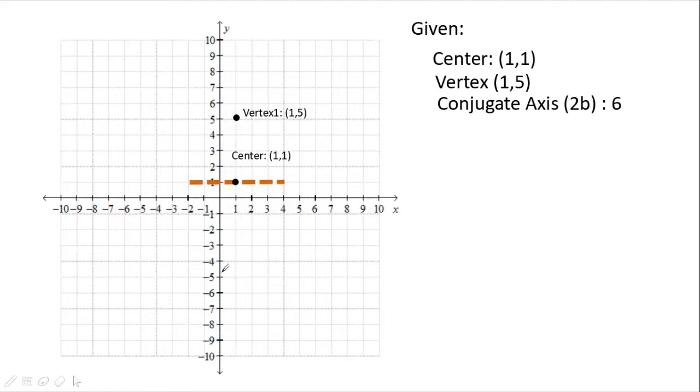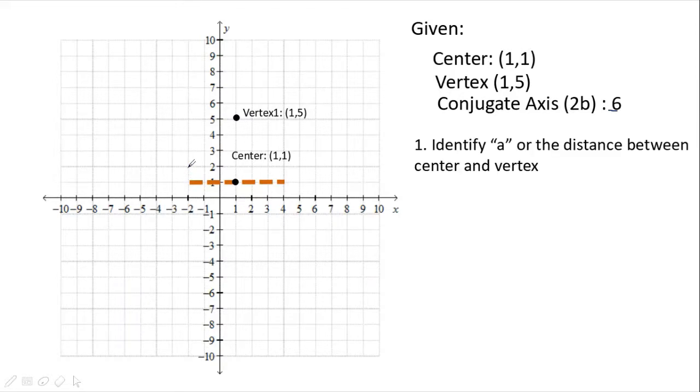Meaning, this is the distance from covertex 1 to covertex 2. This is covertex 1 and this is covertex 2. This is our first vertex. Later on, we will find the second vertex. Again, in a hyperbola, we have two vertices and two covertices. We have two foci, so don't forget about that.